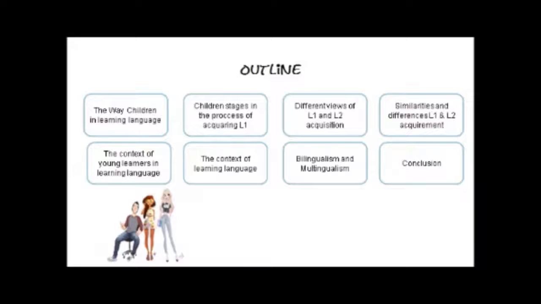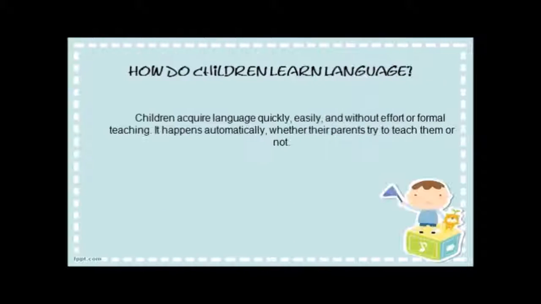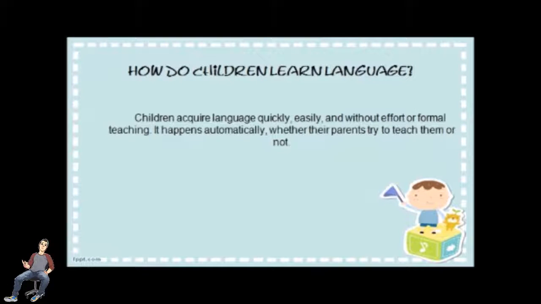It will also talk about the similarities and differences of L1 and L2 acquirement, the context of young learners in learning language, and the differences between bilingualism and multilingualism, and the last is the conclusion. Well, ladies and gentlemen, now I'd like to talk about how children learn language.